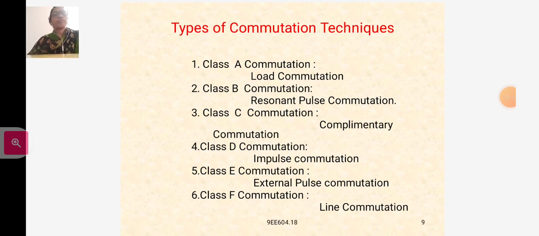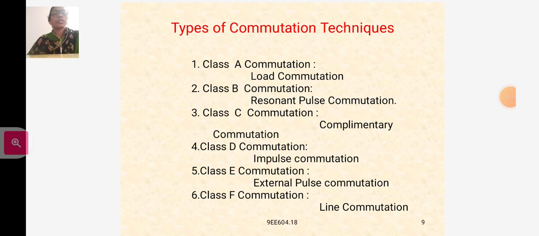The types of commutation techniques are class A, class B, class C, class D, class E and class F commutation. Class A commutation is load commutation. Class B commutation is resonant pulse commutation. Class C commutation is complementary commutation.